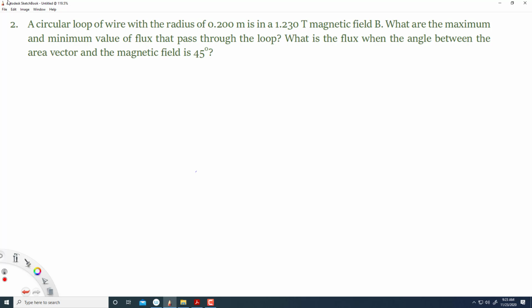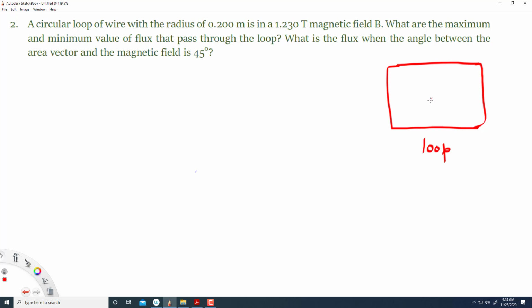Some kind of loop, and this loop has some area. Let's consider some form of loop. It could be circular, semicircular, or a square, or any kind of loop. Loop means it's a loop of metal wire.